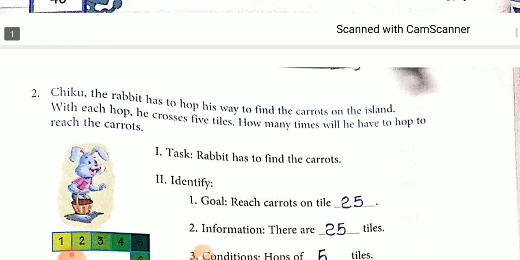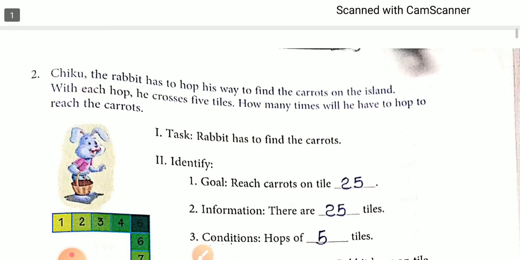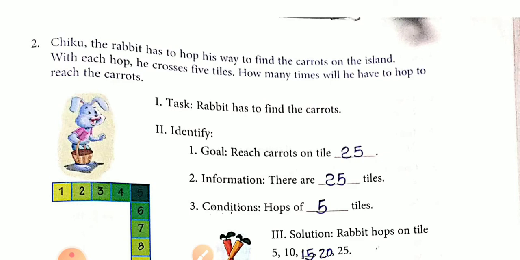Now we move to our second question. Chiku the rabbit has to hop his way to find the carrots on the island. With each hop he crosses 5 tiles.